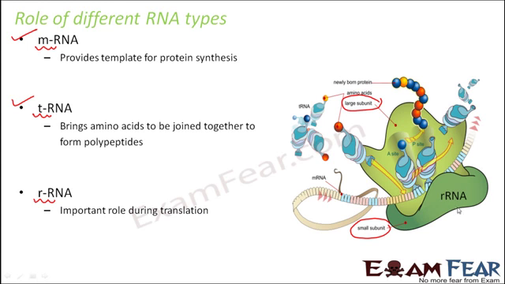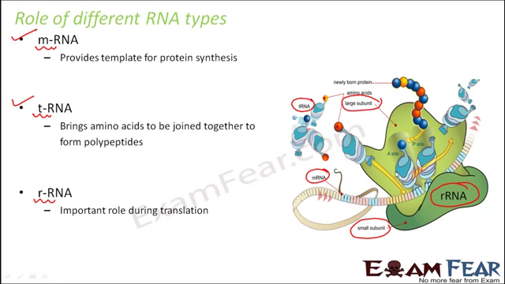And where is the tRNA? This is the rRNA, and the mRNA is this one, which brings the sequence. This mRNA is being created as a part of transcription. And tRNA is this one, which is going to carry the amino acids so that the amino acids can be sequenced together to form the proteins.